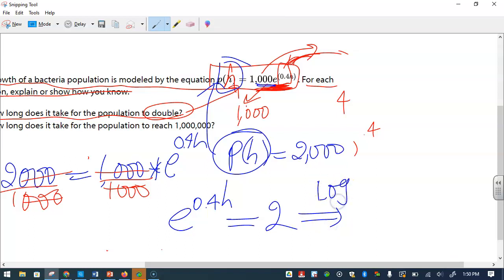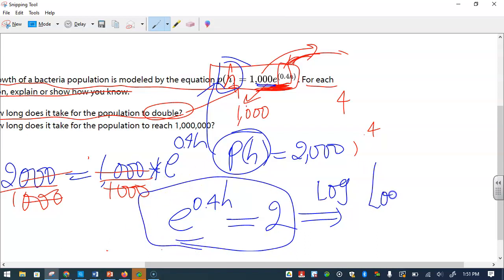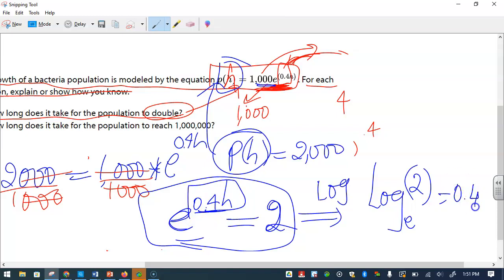So how do we change this to the log form? When an exponential is written in the logarithm form, I'll write logarithm. Now this is the output, so that goes to 2, and the base is e, so we put an e right here, and the input will become 0.4h.